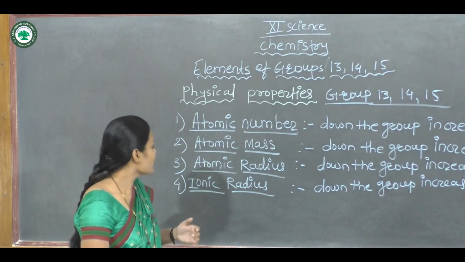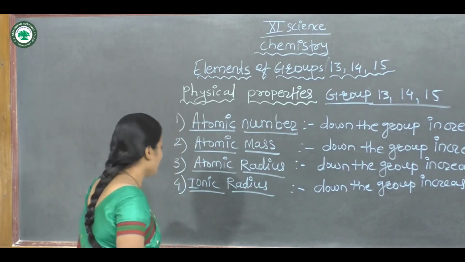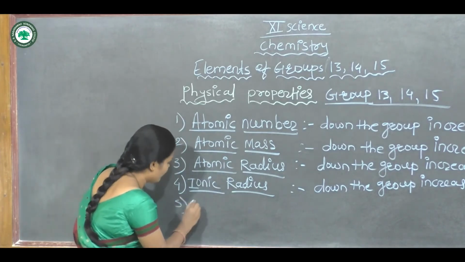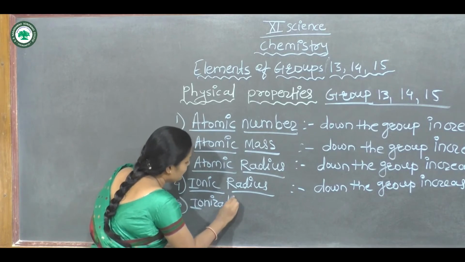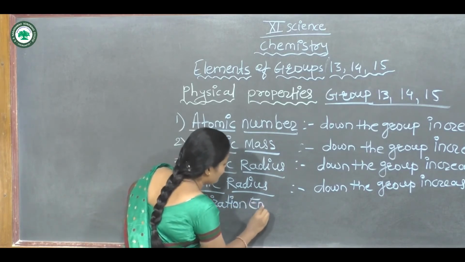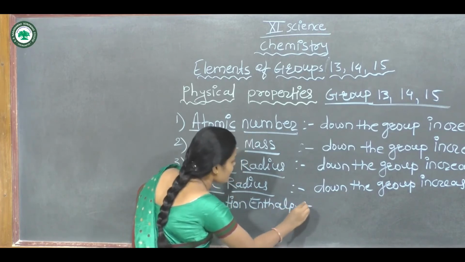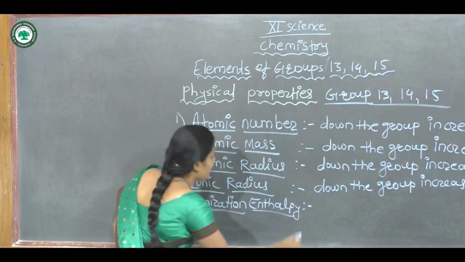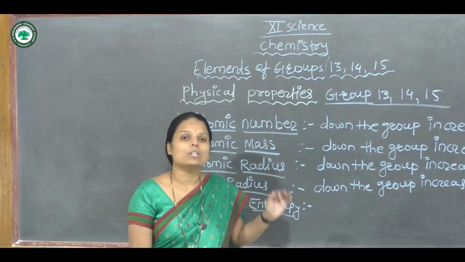Now the next property is ionization enthalpy. This is a physical property, ionization enthalpy. For group 13, ionization enthalpy decreases down the group.